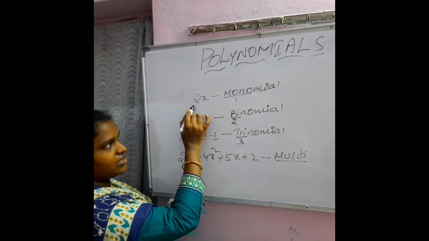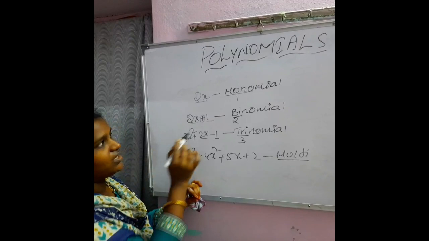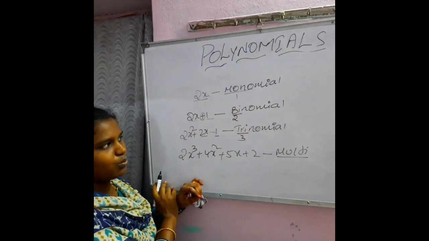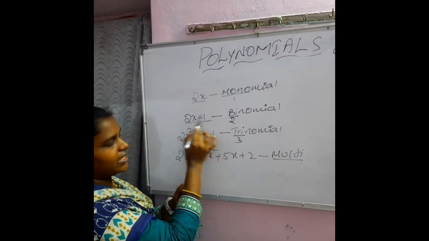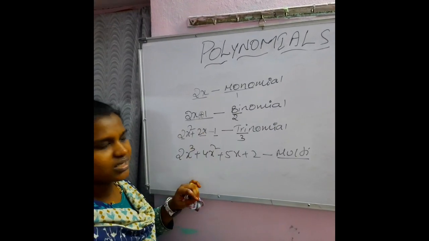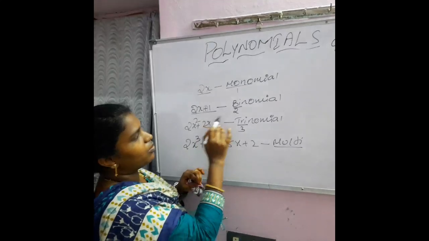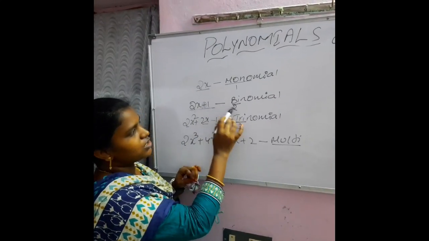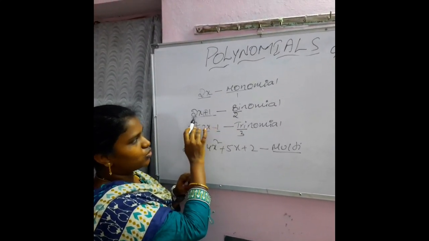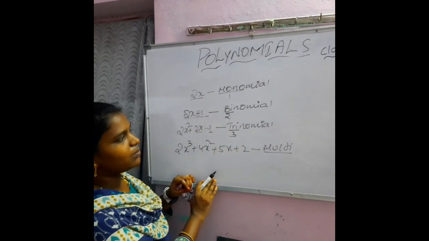In the first case we saw only one term, 2x, so it is a monomial. In the second expression, which is a combination of constants and variables with binary operations, we have two terms, 2x and 1, so it is called a binomial.